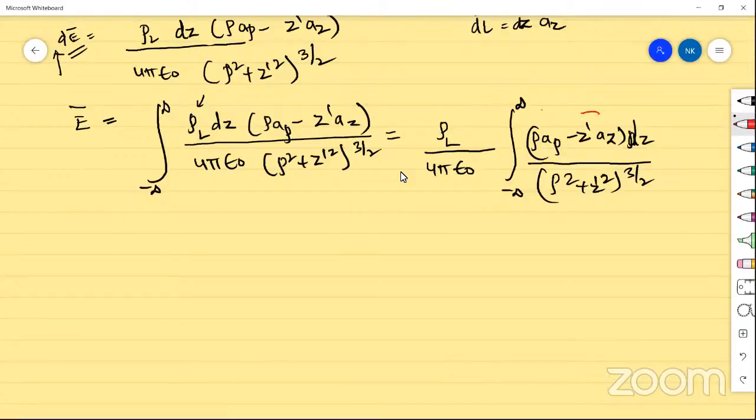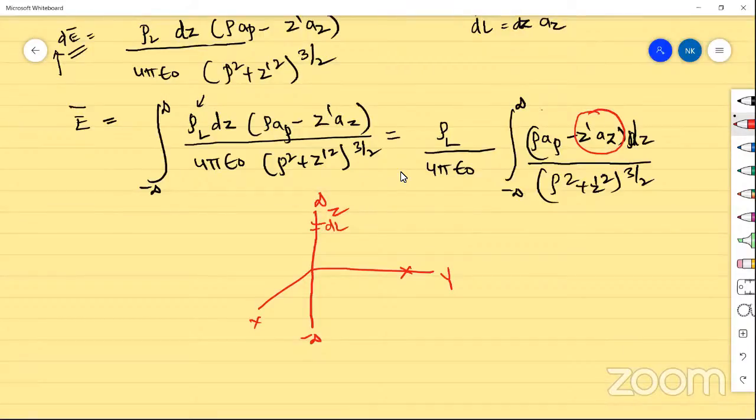I will consider this part. So what happened actually? Here this is from minus infinity to infinity. I have taken a point here. Okay. X axis, Y axis. This is Z axis. Now if you consider a point, the electric field due to dl. dl is nothing but it contains a charge rho L into dl. Due to this charge, there will be an electric field in this direction.